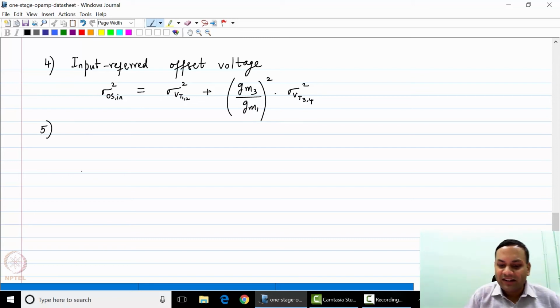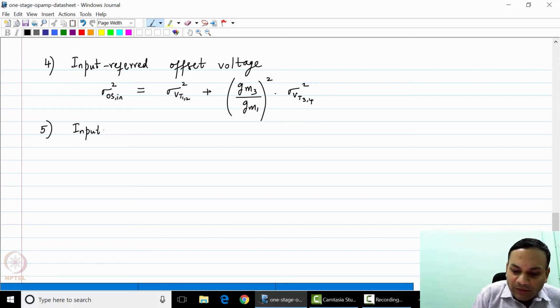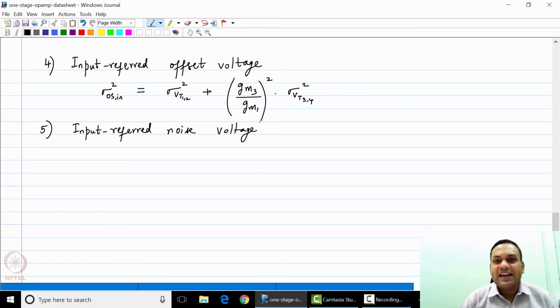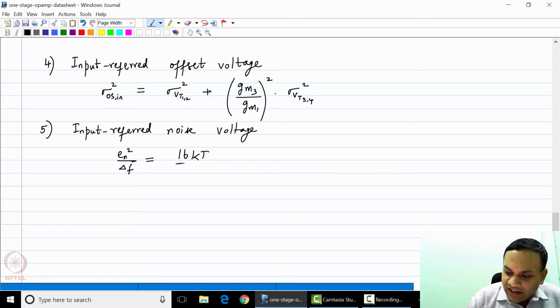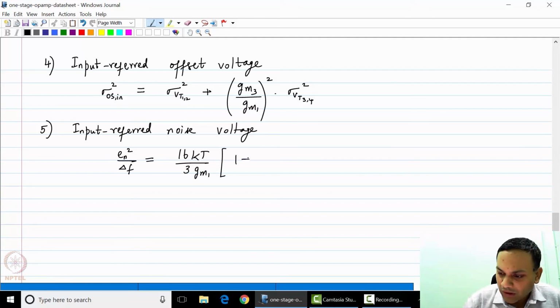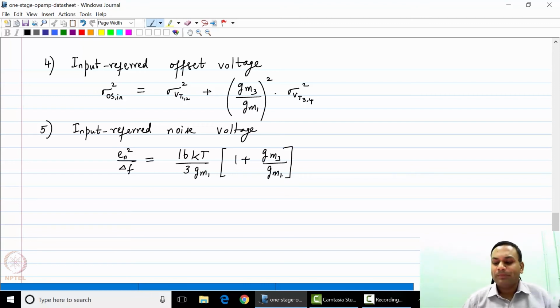The fifth term that we are interested in is the input referred noise. In this case, because the op-amp has an infinite input resistance, we only have an input referred noise voltage, and En squared by delta F is nothing but 16 kT by 3 GM1 into 1 plus GM3 by GM1.